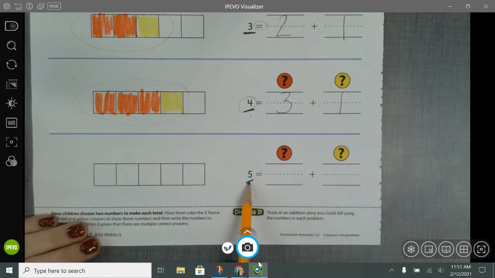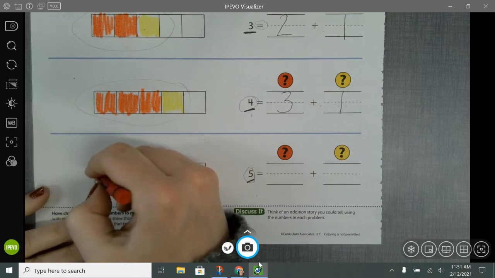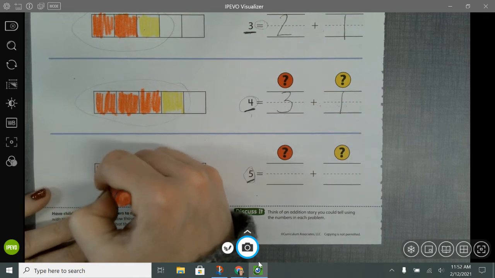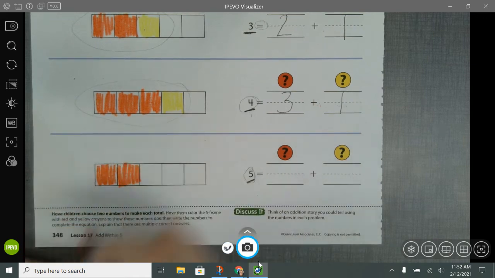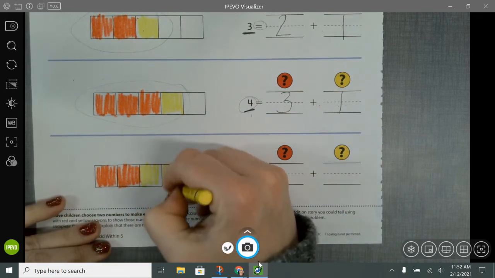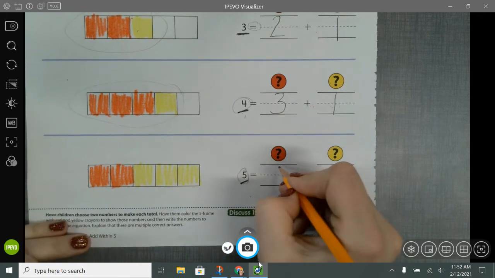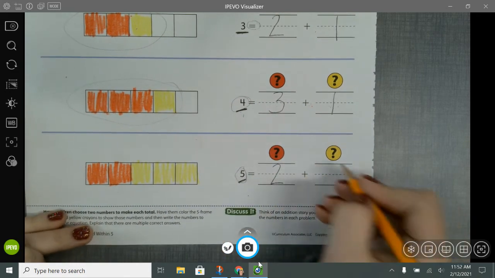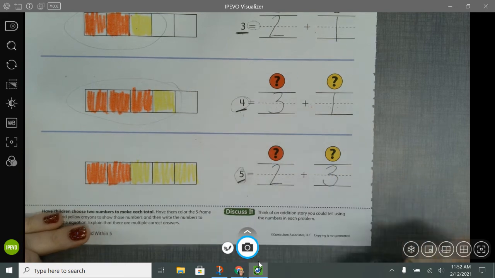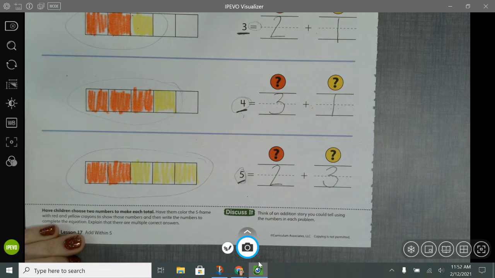Last one, you're looking for a total of 5. Again, there's lots of ways you can do this. I'm going to do 2 reds plus 3 yellows. 2 reds plus 3 yellows equals 5.